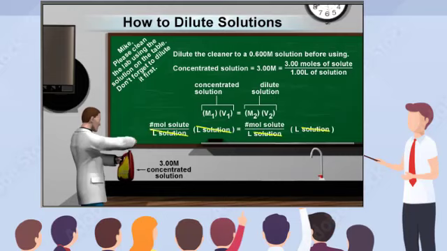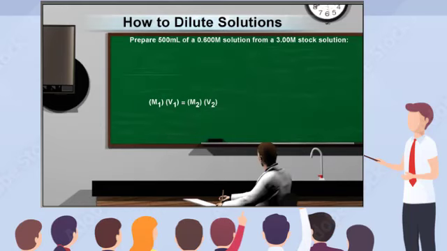Recognize that canceling the units in the given equation leads to an equation stating that the number of moles in the concentrated solution equals the number of moles in the dilute solution. The M1 times V1 equals M2 times V2 equation allows you to determine the volume of the concentrated solution required to make the dilute solution.